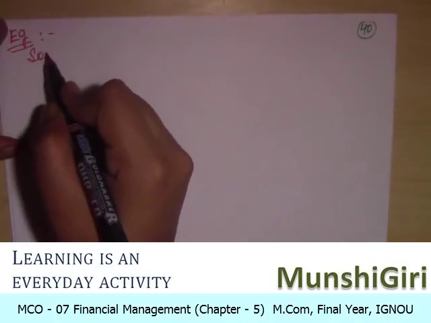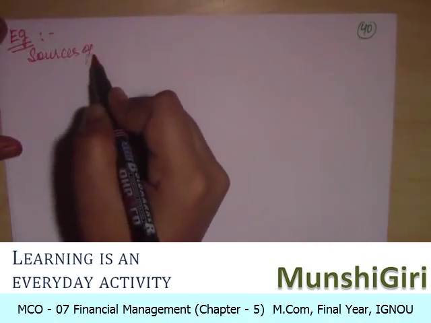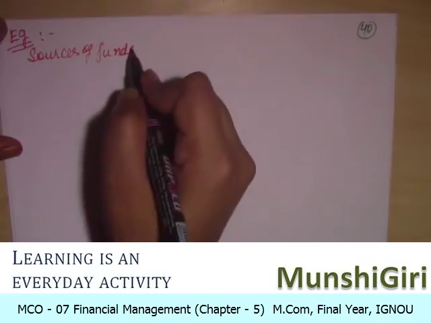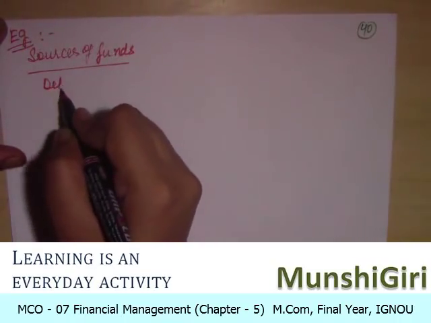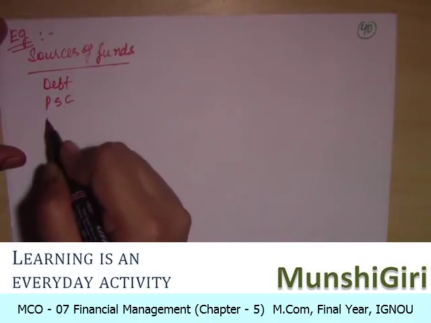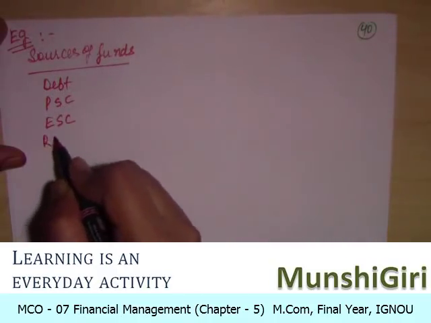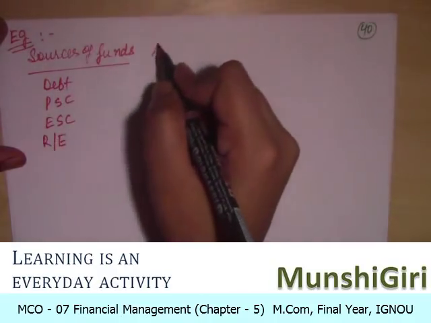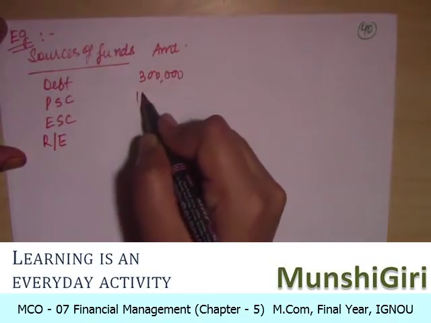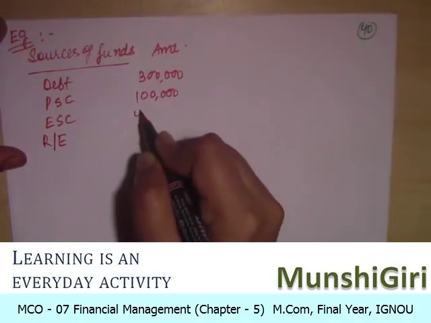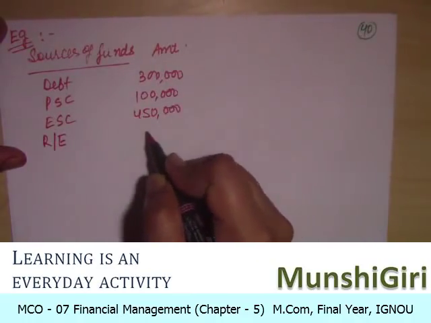The example is, sources of funds: debt, preference share capital, equity share capital and retained earnings. Amounts are 3 lakh, 1 lakh, 4,50,000 and 1,50,000.